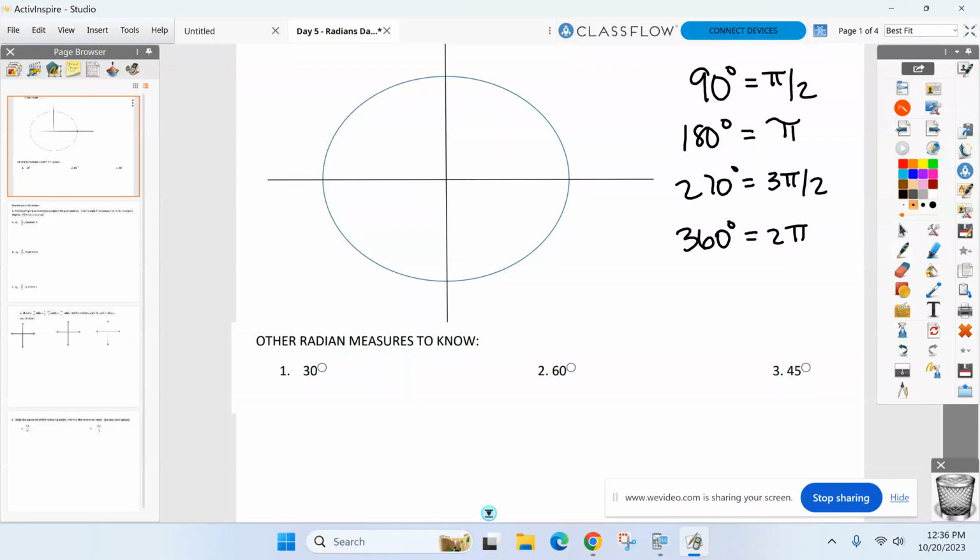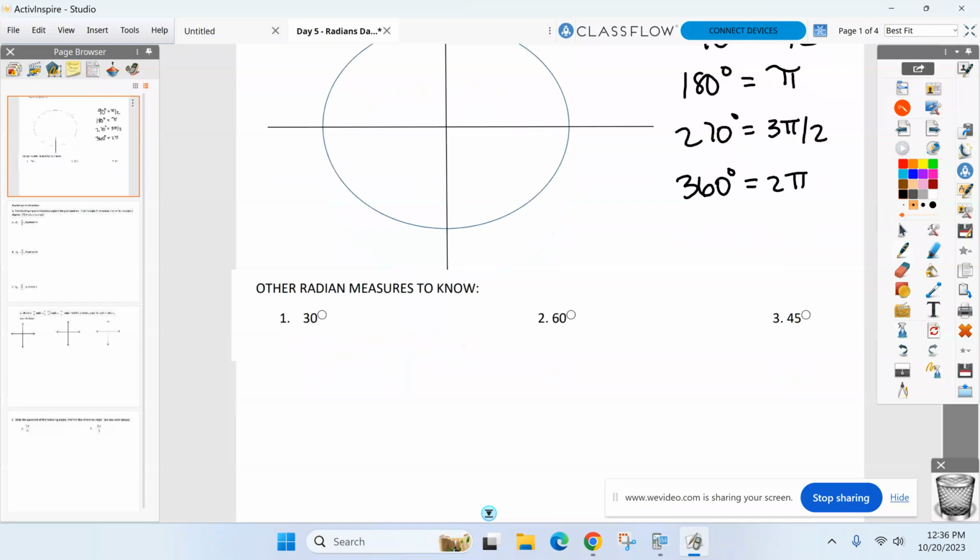Today you're going to have to flip back and forth a lot, but you're going to see how much we're going to use 30, 60, and 45. Hopefully by the time you leave today, you'll know them off the top of your head instead of trying to convert them. So let's start with 30 degrees. 30 degrees in radians is pi over 6.